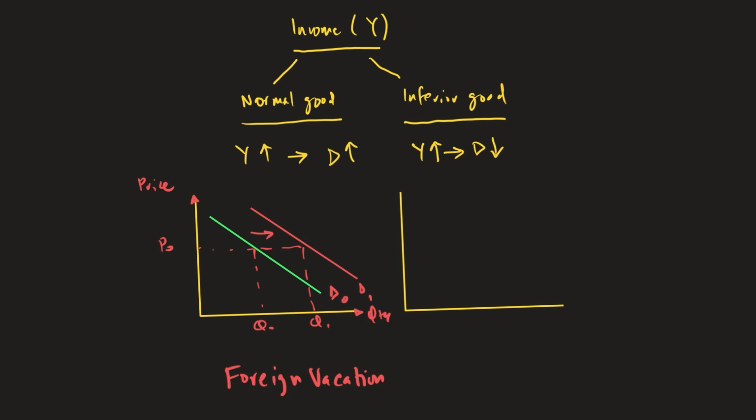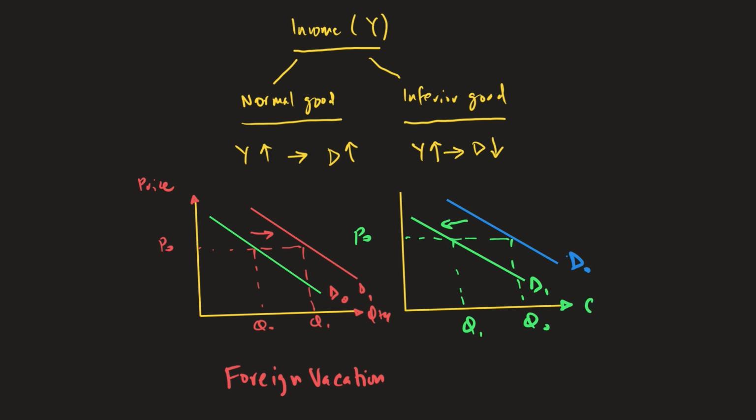On the other hand, when you look at an inferior good, you will see that the demand will fall. Why? Because when our income goes up, the demand curve shifts backward. So when people find their income rises, they may decide to undertake fewer bus journeys and probably more car journeys. So this will be shifting backward from Q0 to Q1.